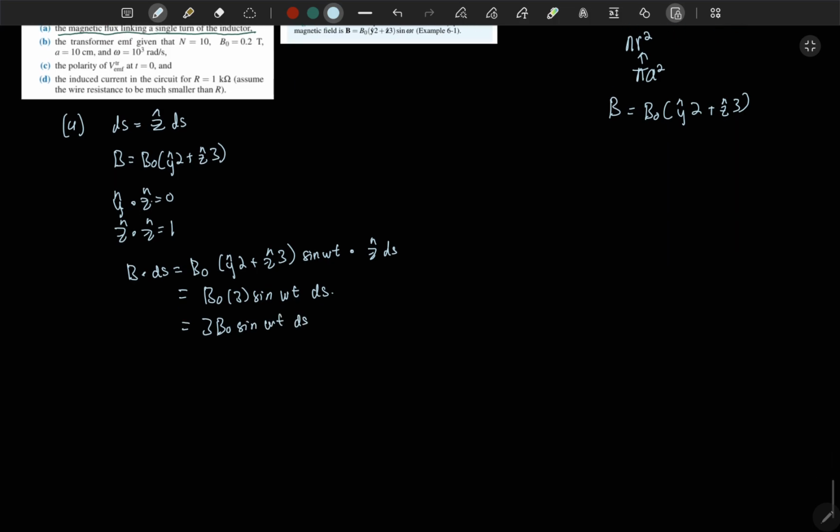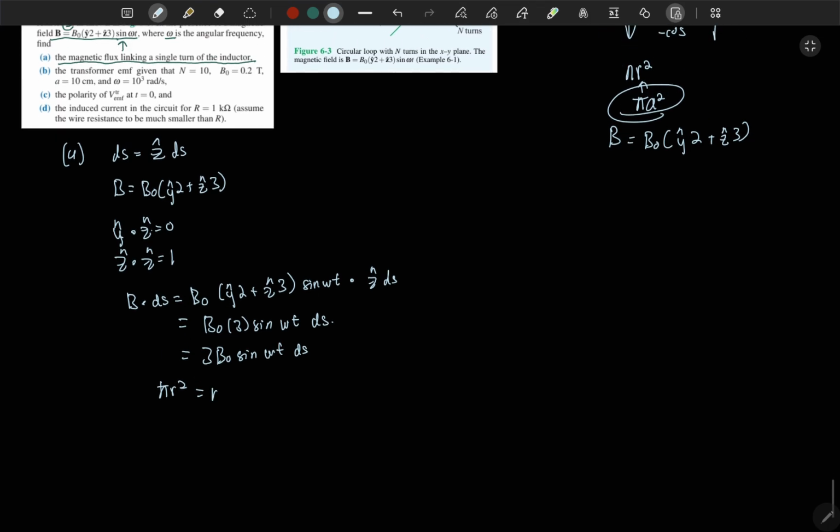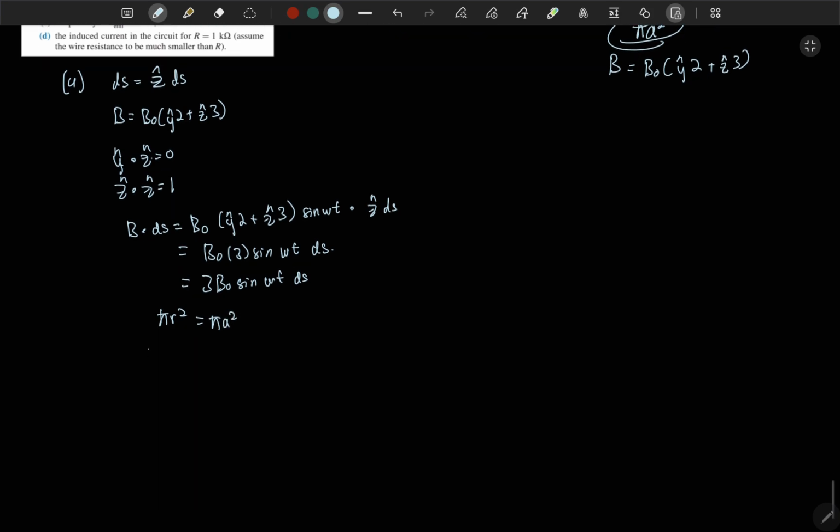Does it finish? Not yet. Now we know that the area of the circular loop is pi a squared, because pi r squared is the original, but the radius is a. Now in order to calculate the flux, we integrate 3 B naught sine ds. If we integrate ds, we get only s, so the answer would be 3 pi a squared B naught sine omega t.